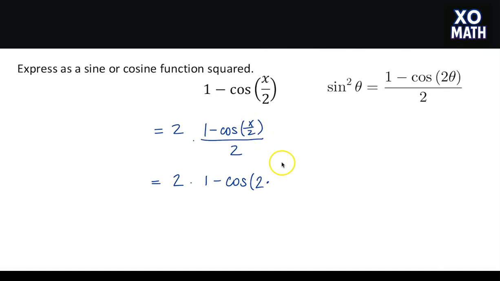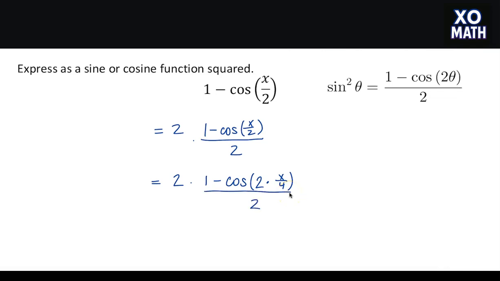Here we can do this by inspection. What would I have to multiply 2 by to get back to x over 2? That's just going to be x over 4. If we think about that, 2 divided by 4 is 1/2, so I have 1/2 x. So we can do this by inspection.